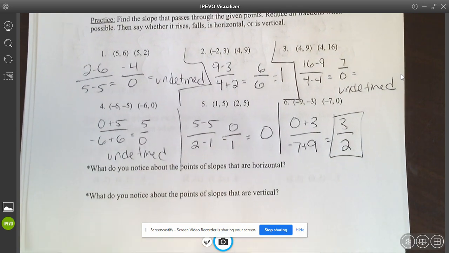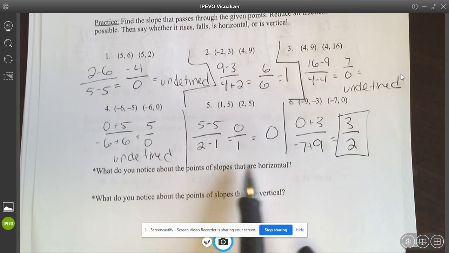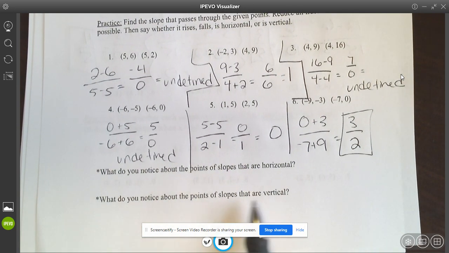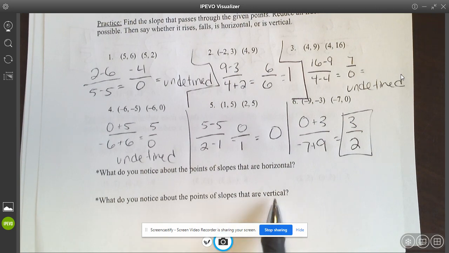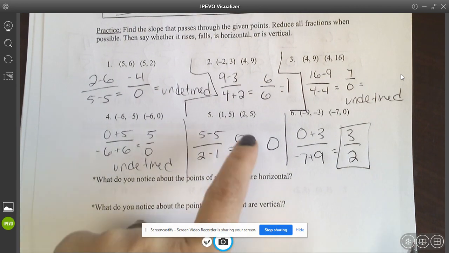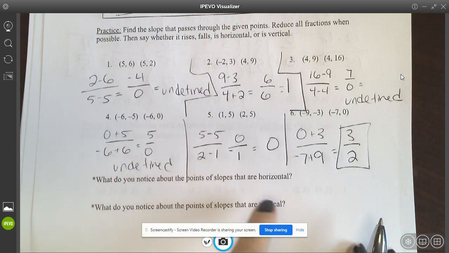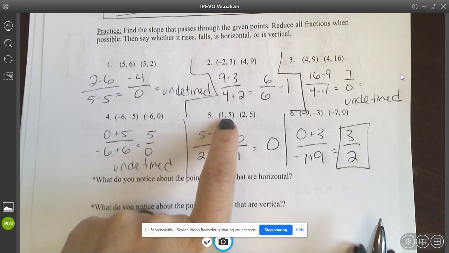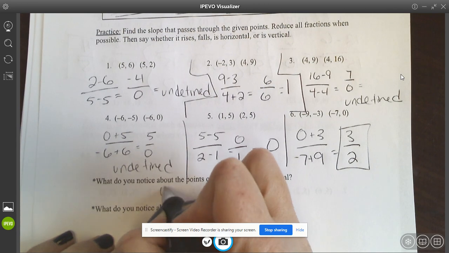And then down here, it just says, what do you notice about the points who have the slopes of a horizontal line? And what do you notice about the points when the slope has a vertical line? So the horizontal lines are 0. So if you notice the horizontal lines, the y values are the same.